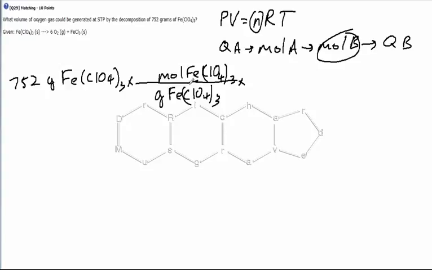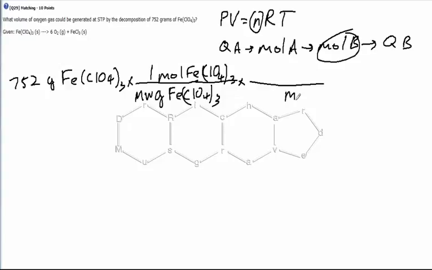Alright, so the relationship here is we know 1 mole will equal the molecular weight in grams of that, which is good. So we'll be left with moles of Fe(ClO4)3.